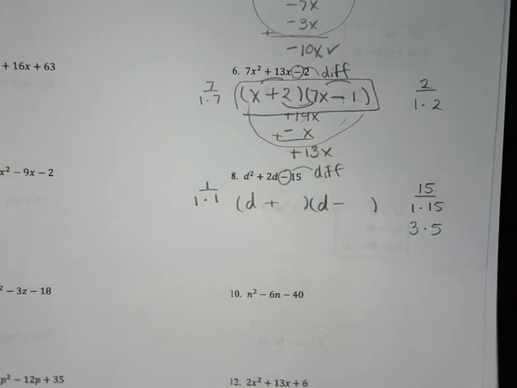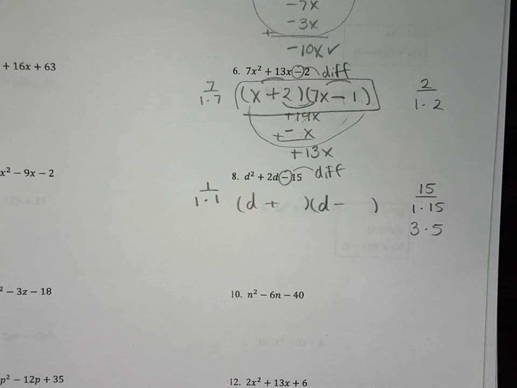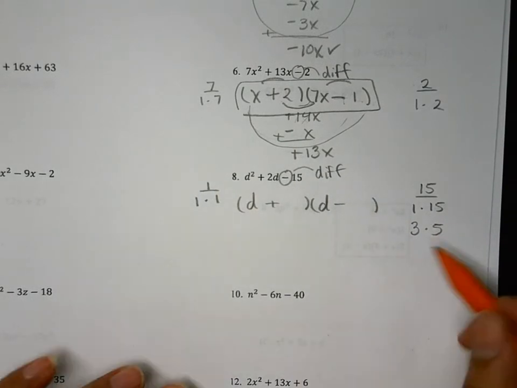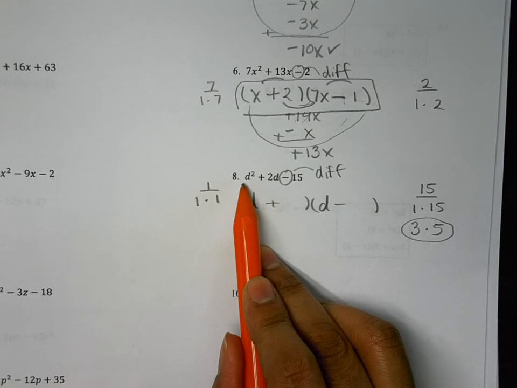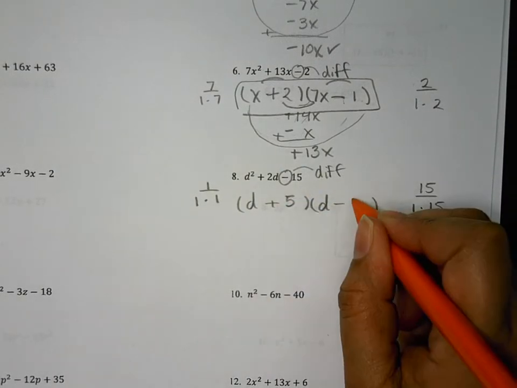I don't know if it's plus or minus, so I'm just going to put plus minus. Remember, if one's plus and one's minus, are you really adding or are you really subtracting? When you add a positive and a negative, you are subtracting. So which one of these subtract to the middle term? And why can I use the shortcut? Because the leading term is 1. Okay, so positive 3 or positive 5?